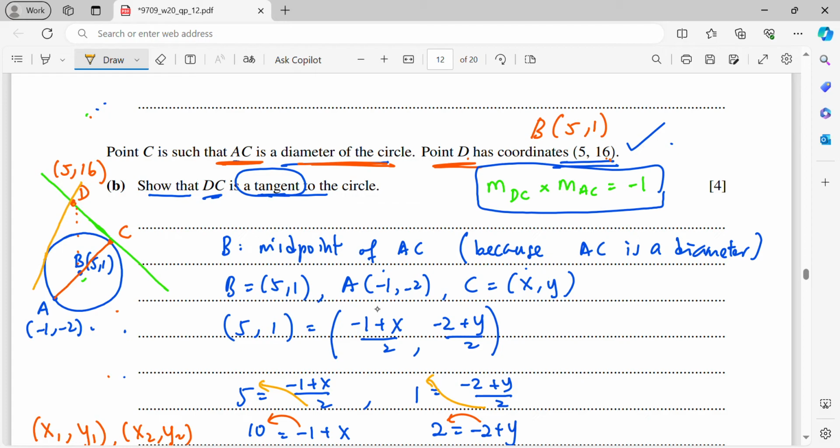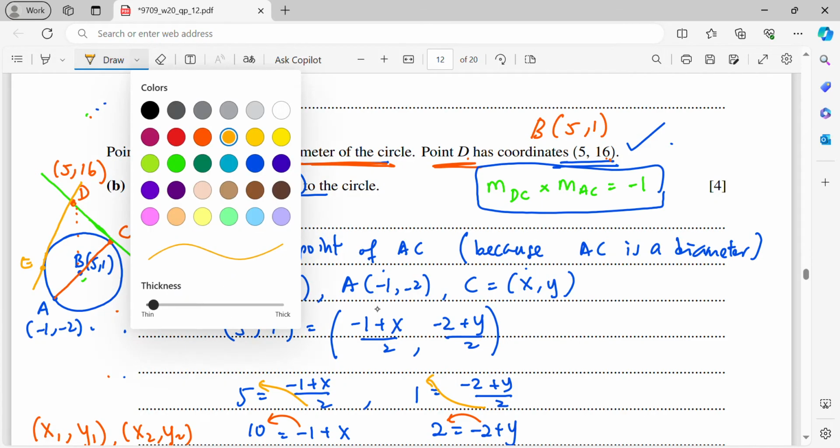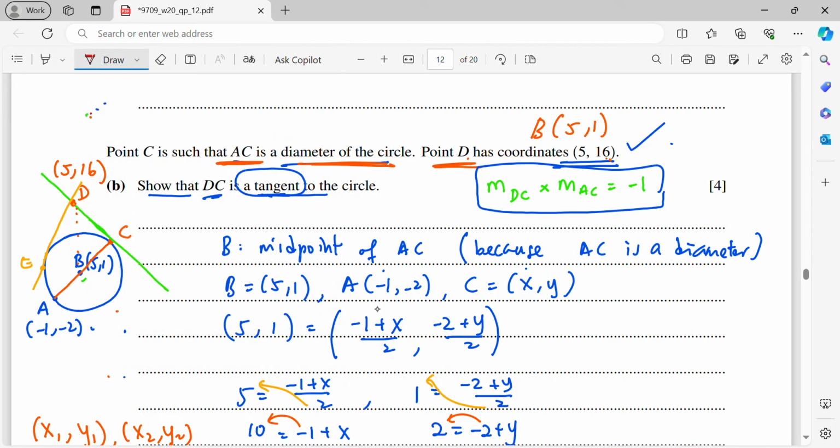Probably this is the D, this is the E. For your information, when it is a tangent, here is 90 degrees. So this is the length, and here is also tangent, which means this is also 90 degrees to the radius.